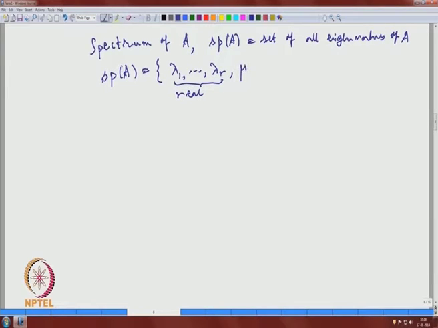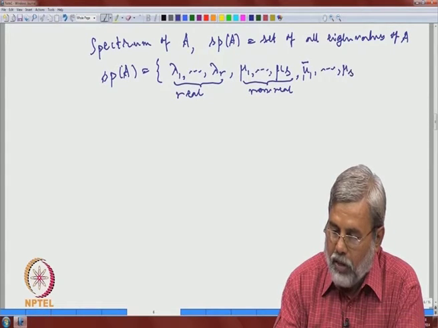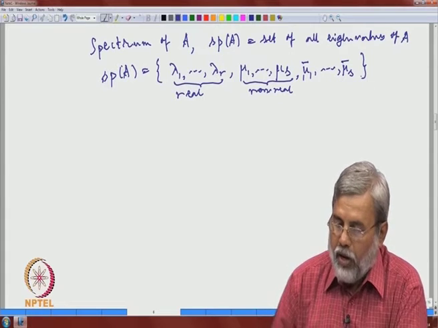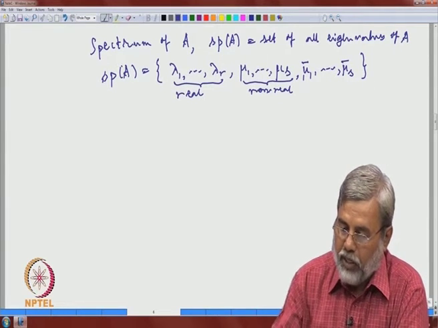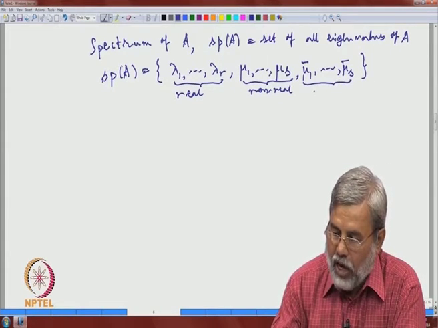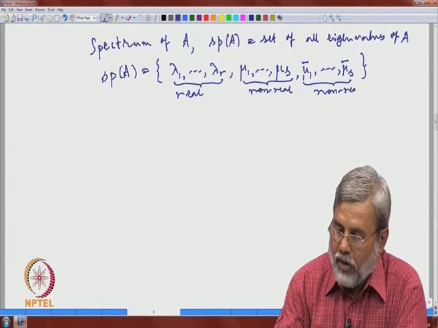And then we have mu 1 up to mu s, which are non-real, and since the characteristic polynomial has real coefficients, we also have mu 1 bar up to mu s bar as eigenvalues of A. So, they always occur in pairs. Okay.